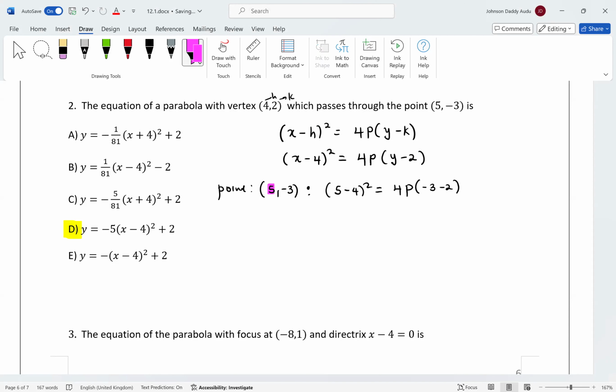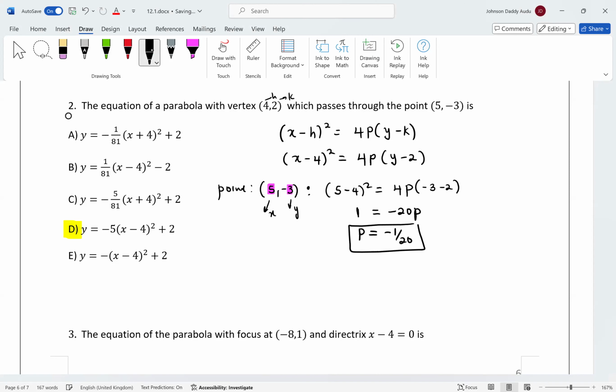This is your X and this is Y. So with this, you have 1 squared, which is just 1. That's equal to, this is minus 20 because this is minus 5. So this is going to be minus 20P, right? Which means that P is equal to minus 1 over 20.